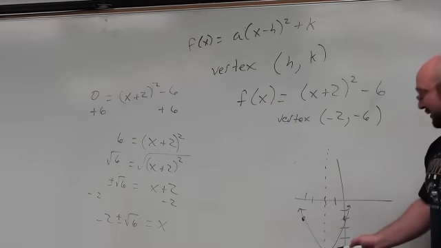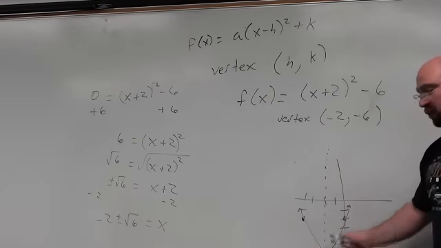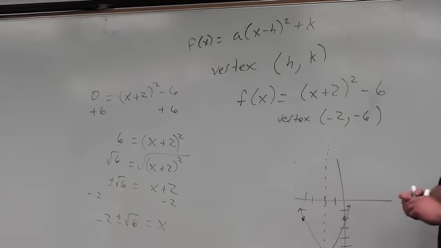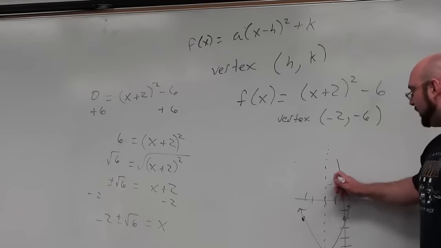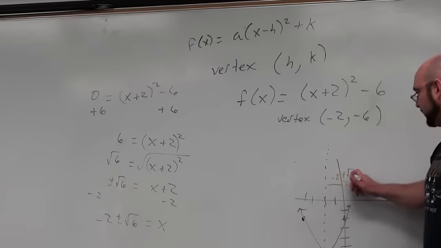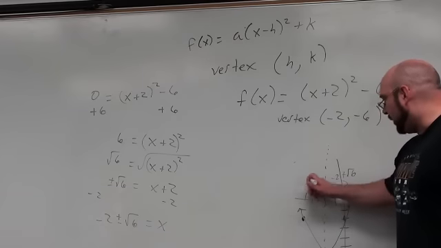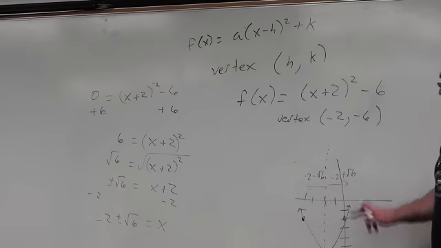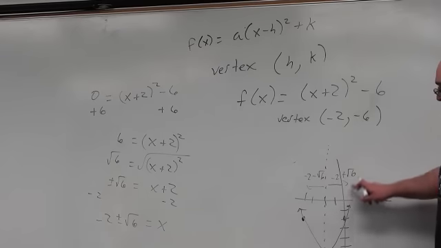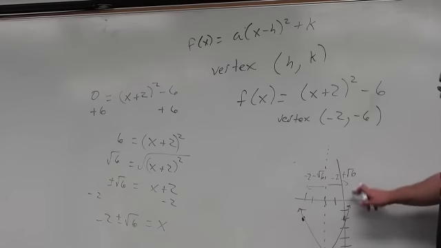My line of symmetry is, in fact, on the negative 2 for the x. So what this means is that if I go this way, this is going to be negative 2 plus radical 6. If I go that way, it's going to be negative 2 minus radical 6. And when we go plus the radical 6, we're going to get our point along this.